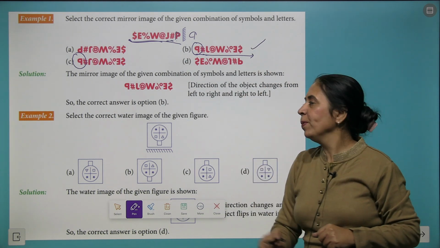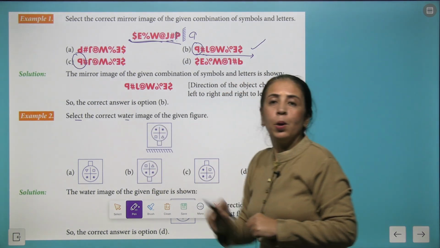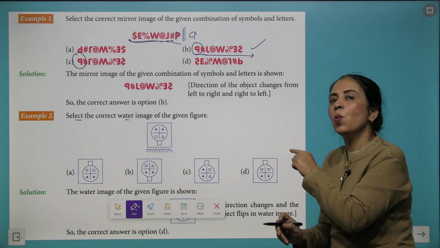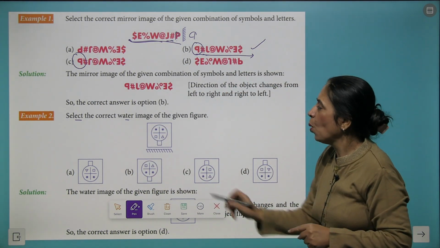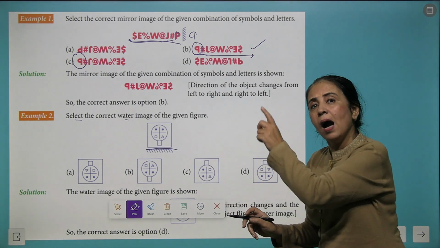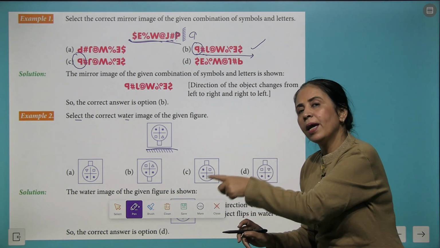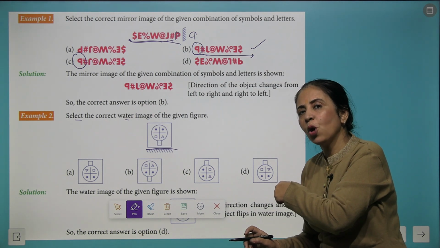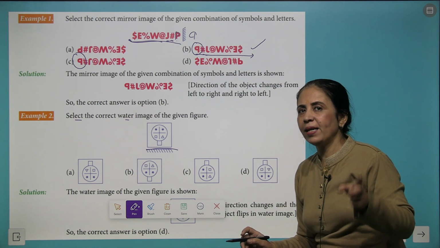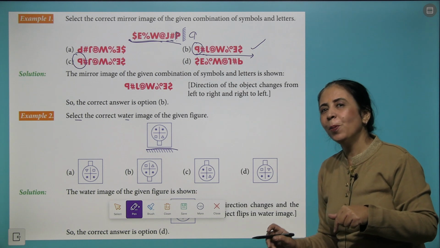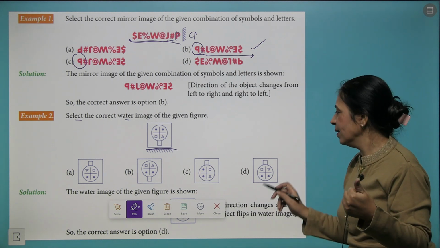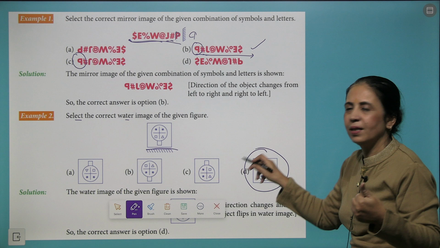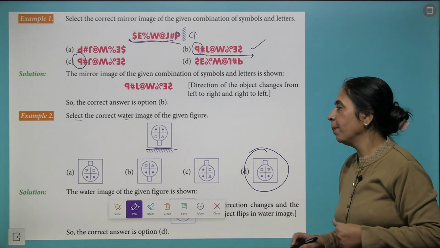Here we go. Look at the next question. What do you want here? We want the water image. So water image means turning upside down. Can you check which one is the right option? The way to find it is already taught to you. Yes, perfectly answered. We get this as the water image.